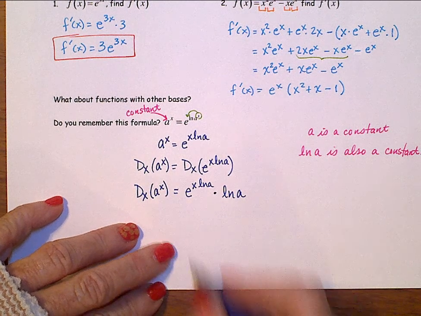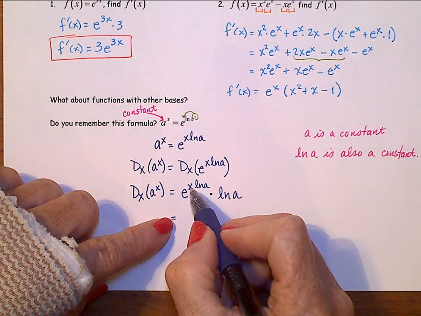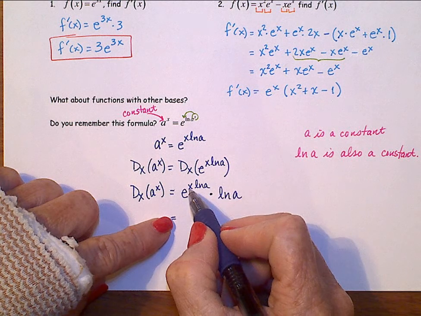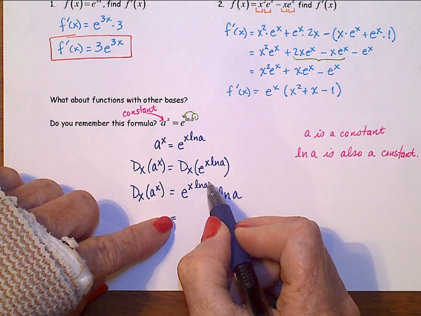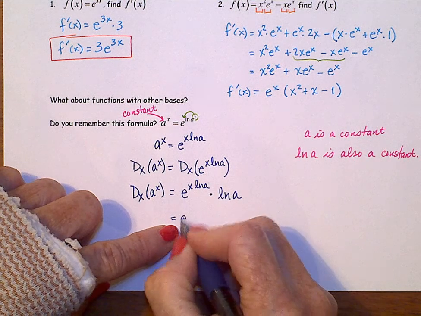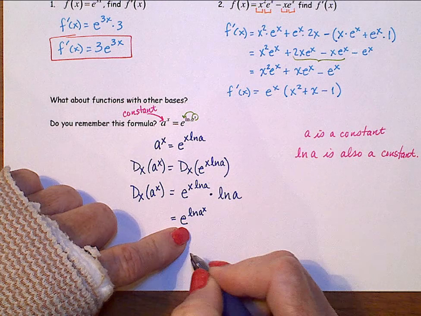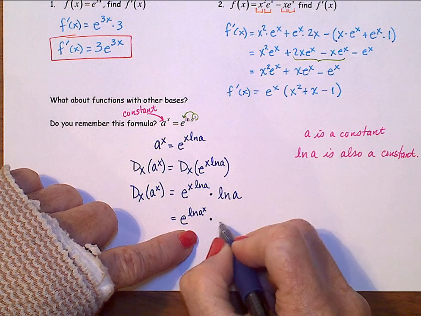All right, now we're going to do some rearranging again. And this time I'm going to go backwards with this x right here. I'm going to pull it back up as an exponent on that log. So we'll have e to the ln a to the x times ln a.